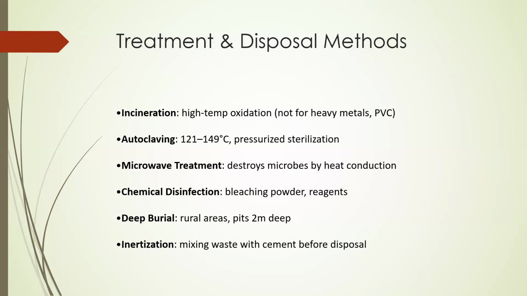The chlorine destroys the cell wall and essential proteins in bacteria, viruses, and fungi, which makes the waste safe to handle. It is important especially for treating liquid medical waste or contaminated materials that cannot be incinerated or autoclaved. That is why chemical disinfection is important. It minimizes the risk of spreading infections and is effective against a broad spectrum of pathogens.